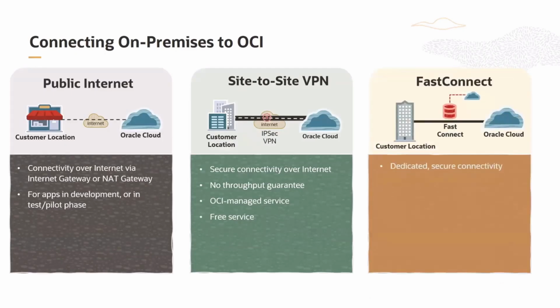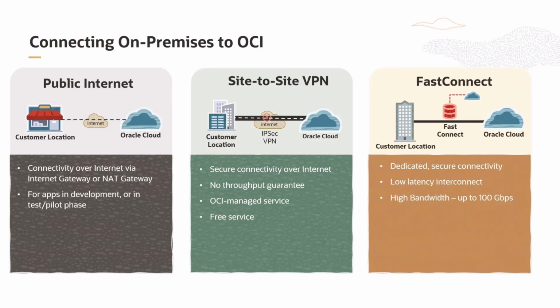Now, the third option is Fast Connect, where you get a dedicated connectivity between your customer location or on-premise network and Oracle Cloud Infrastructure. So dedicated connection means it is going to have low latency, and it's also going to be secure, as well as it's going to provide high bandwidth up to 100 Gbps.